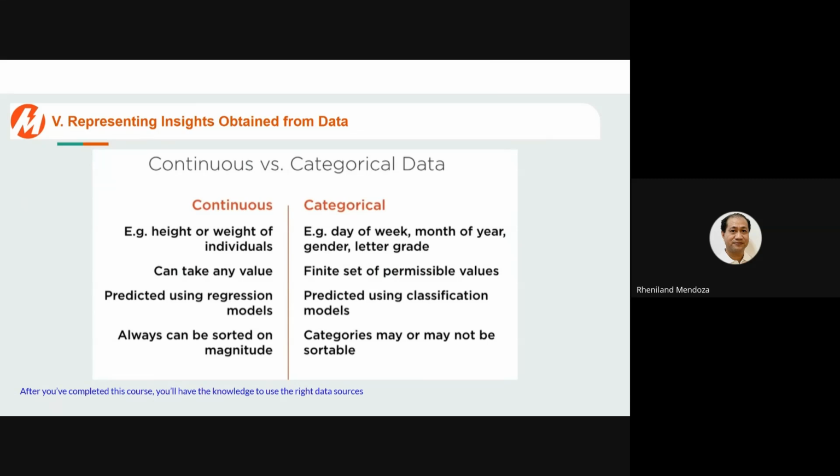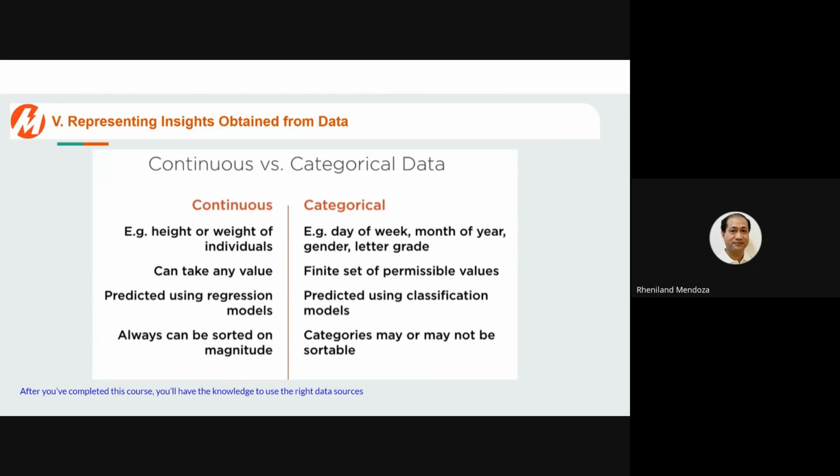So now that we've understood what continuous and categorical variables mean, let's compare and contrast the two. Examples of continuous variables are the height or weight of individuals. They can take on any value within the range, right?